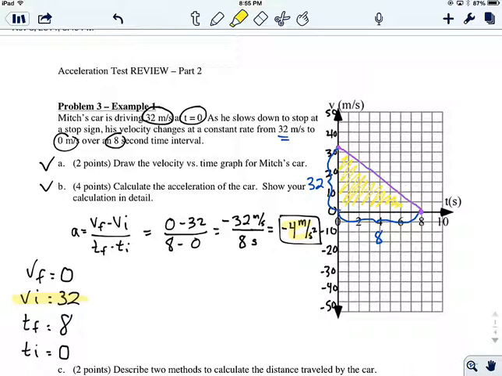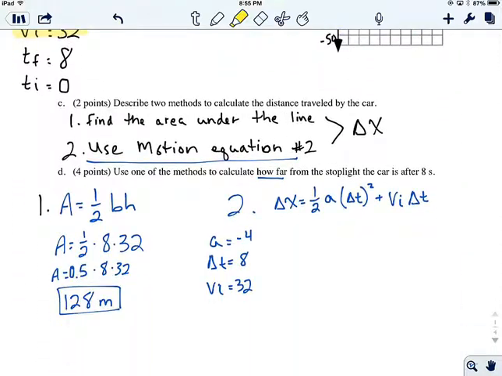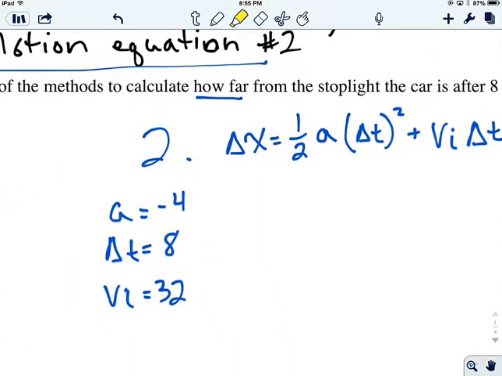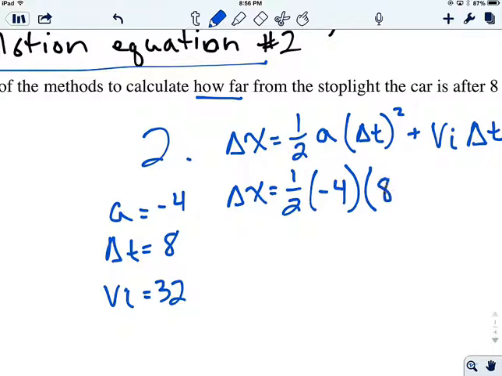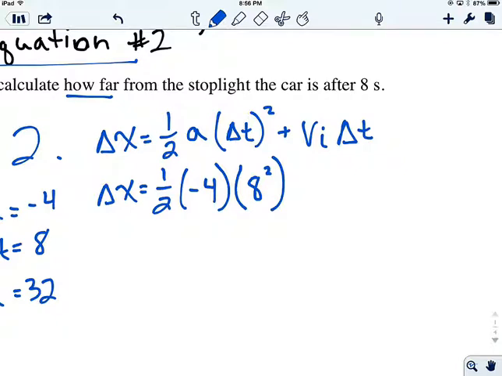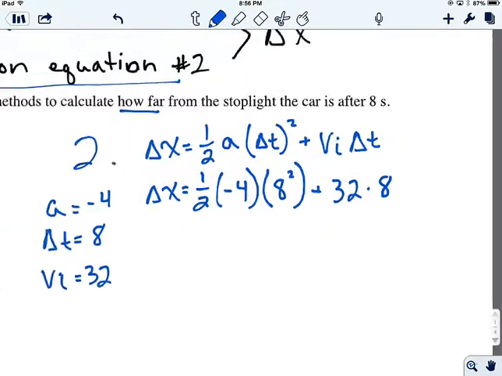And then delta t was this part right here, the change in time. So let's plug this stuff in and see if we get the same answer. I hope we do. I haven't done this yet. So delta x equals 1/2 times -4 times delta t, which is 8, squared, plus 32 times 8.